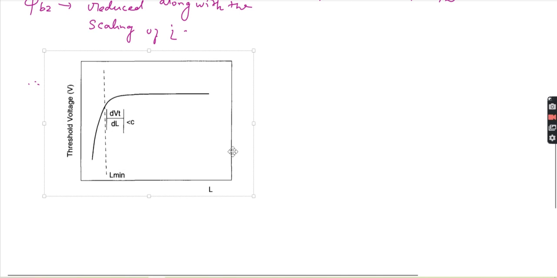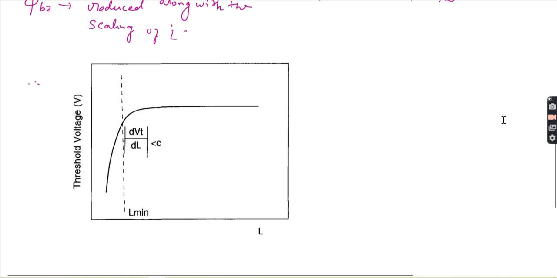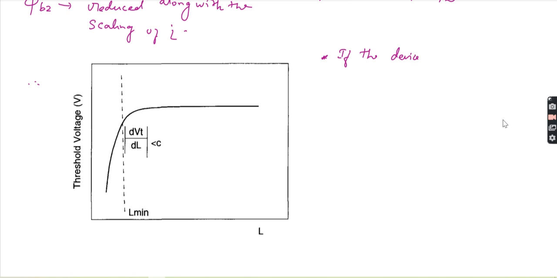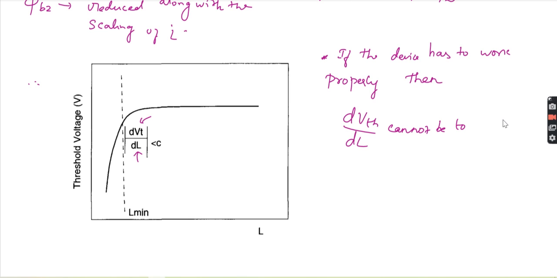This is the relationship between the threshold voltage and L. If the device has to work properly, then dVTH divided by dL, the change in threshold voltage with change in length, cannot be too large.